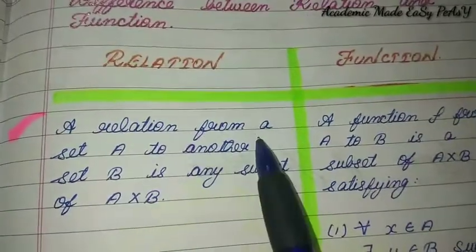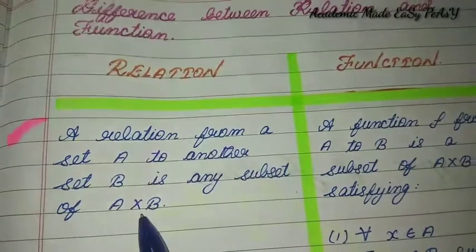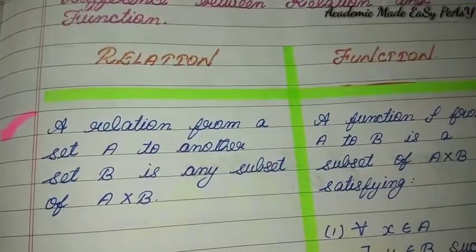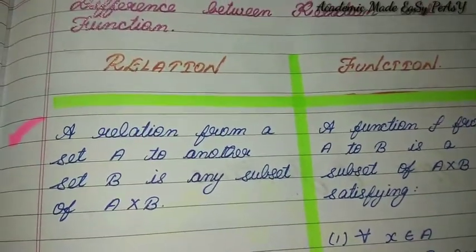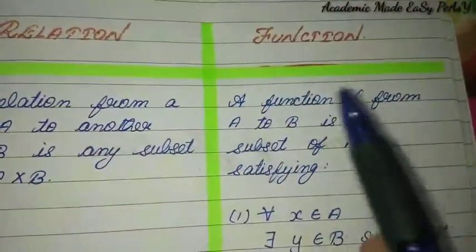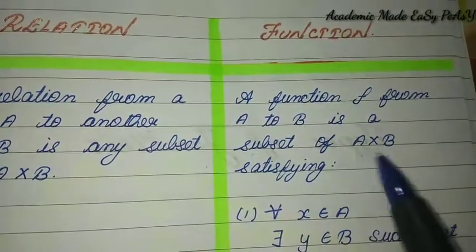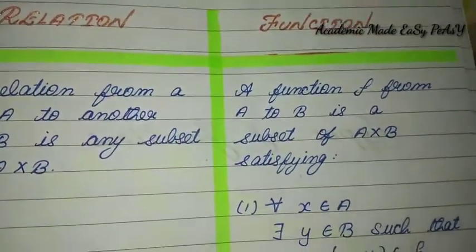A relation from a set A to another set B is any subset of A cross B. Anything that we take will be a subset of A cross B depending on the condition only. But a function f from A to B is a subset of A cross B, satisfying all this.